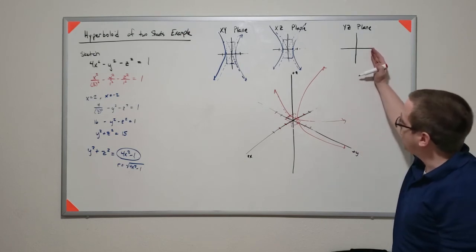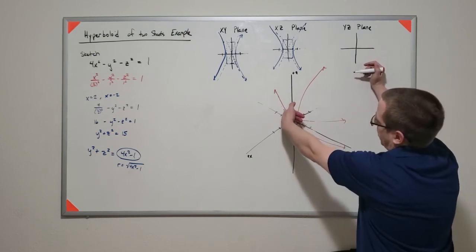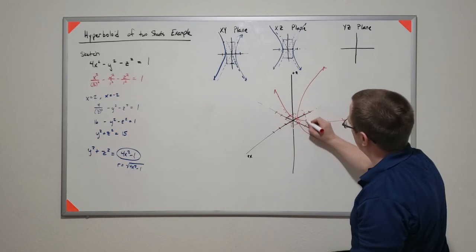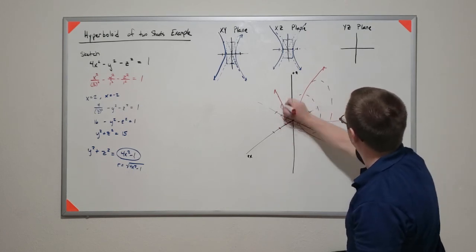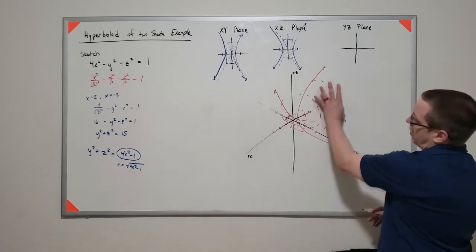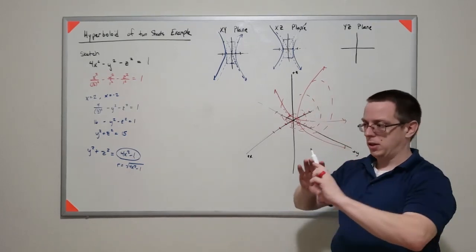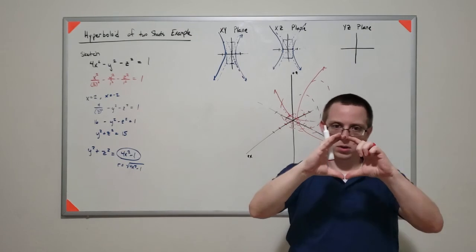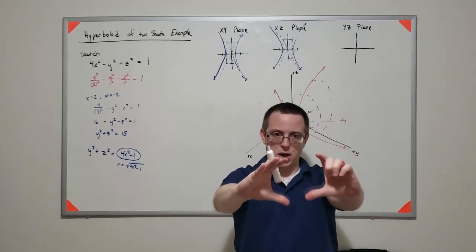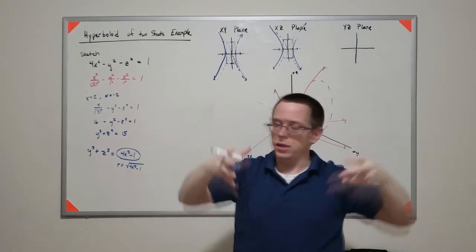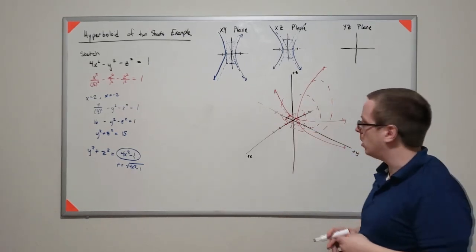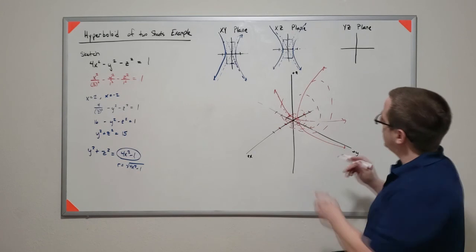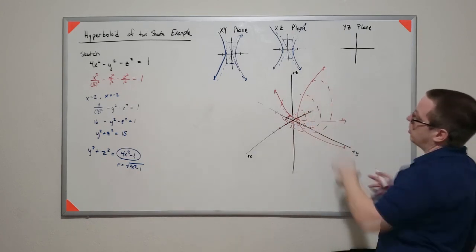And then in the yz plane, in this particular plane, you're going to see circles. It's going to look like circles if you were looking down the yz plane, and then they're going to open up like hyperbolas otherwise. I probably should have done this in multiple colors, but the idea is you're going to see circles get larger as this goes out.